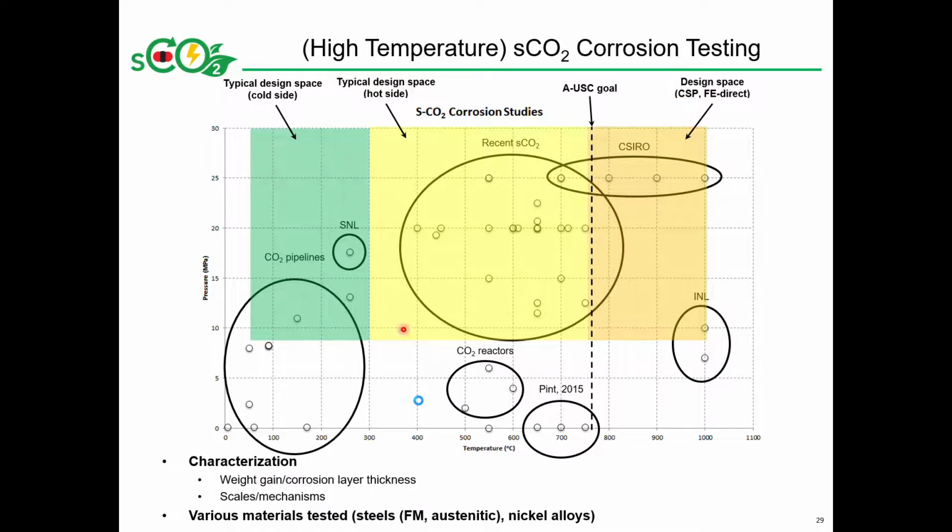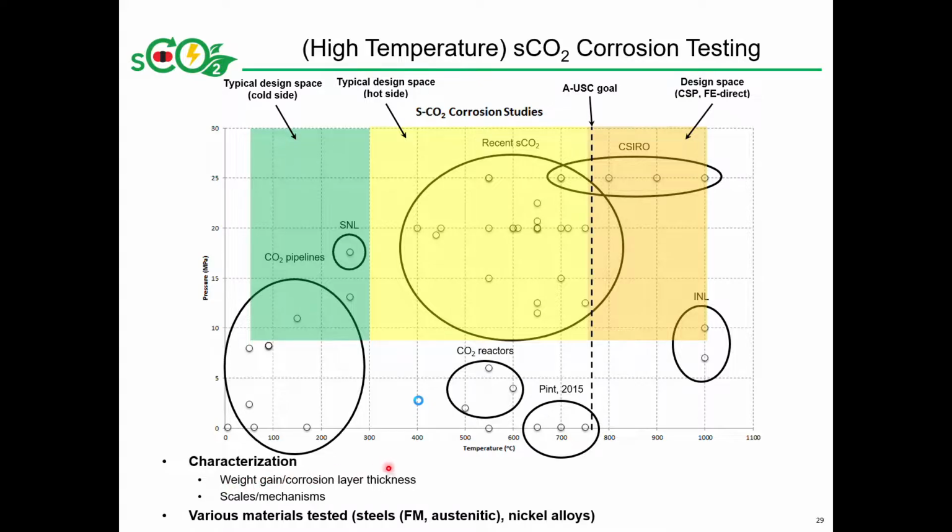So I think we've got a relatively good idea of what happens with materials under these conditions of pressure and temperature. And again, in terms of characterization, we've looked at weight gain.